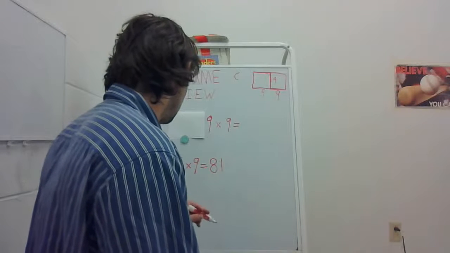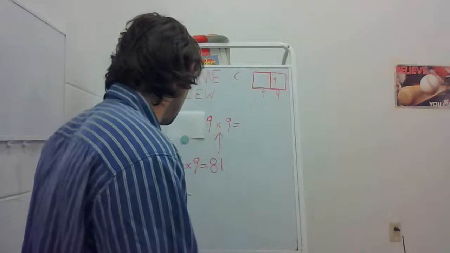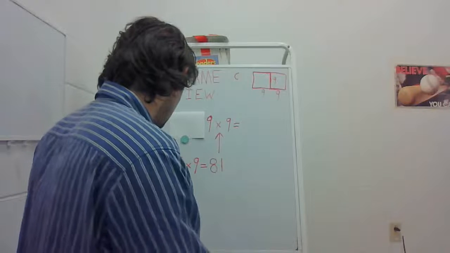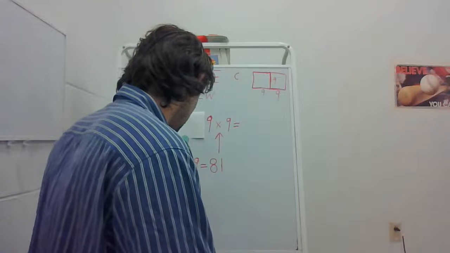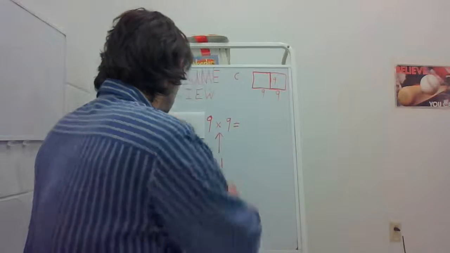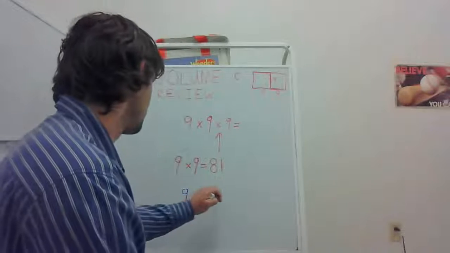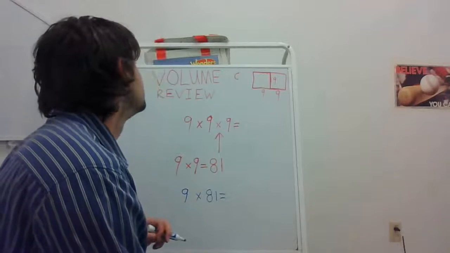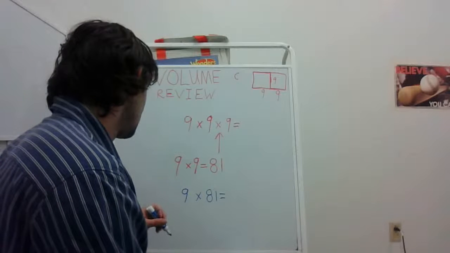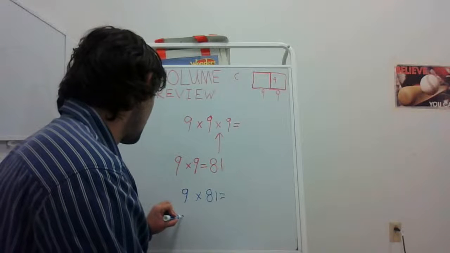So now that we know what 9 times 9 is, the 81 is going to replace the 9 times 9 up here. So now we're going to multiply 9 times 81, and we will have our volume for shape C. To multiply 9 times 81, we're going to multiply 9 times 1 and 9 times 80 and add up our answers.